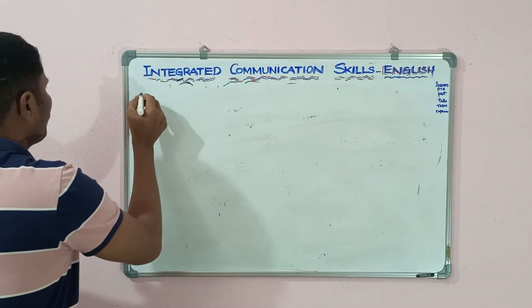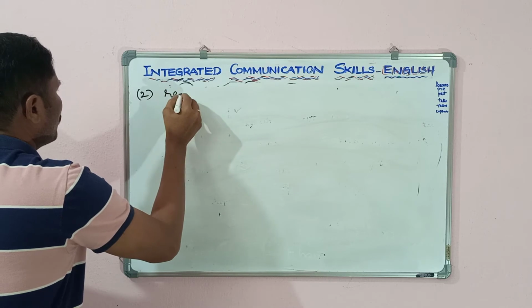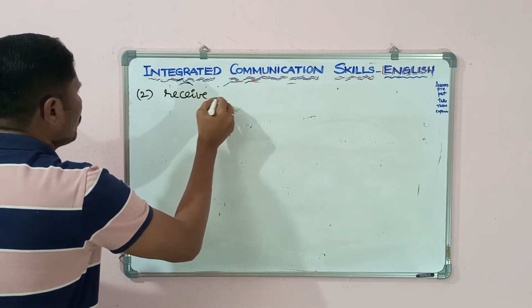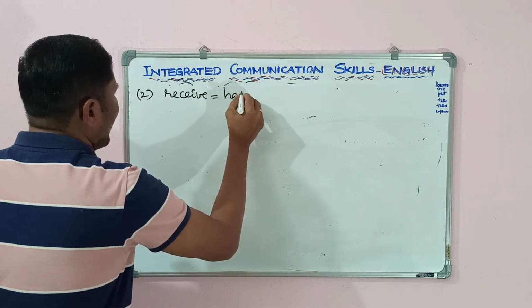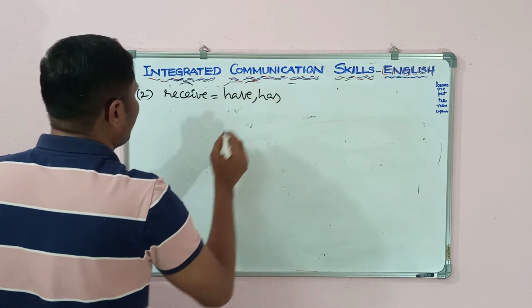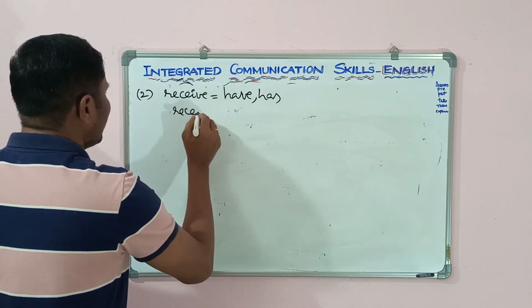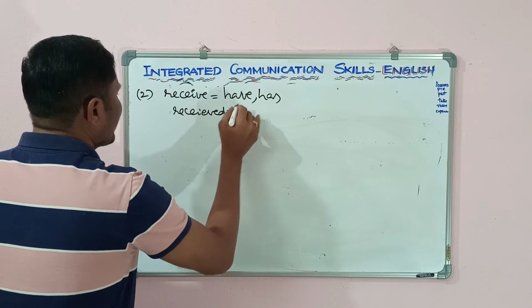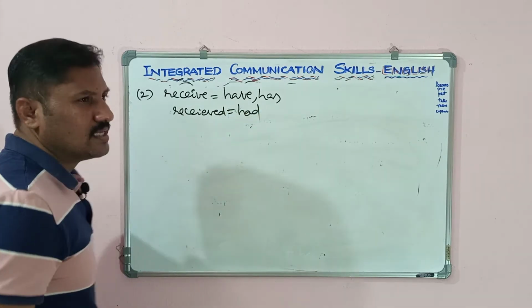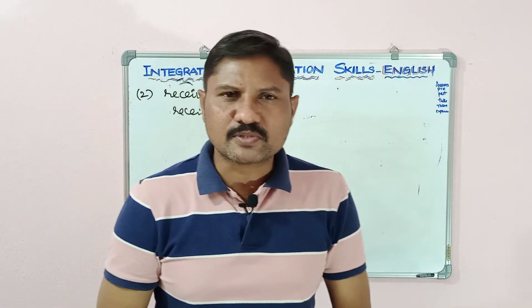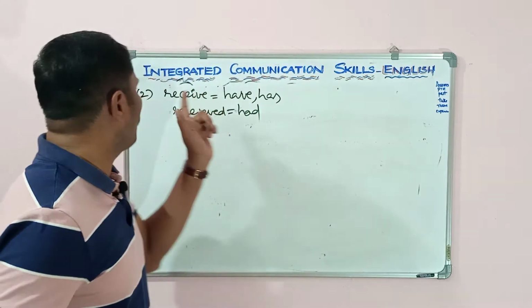Next one, second usage, in the meaning of receive. In the meaning of receive, we can use have, has. In the meaning of received, we can use had. So the second usage of have forms is in the meaning of receive.